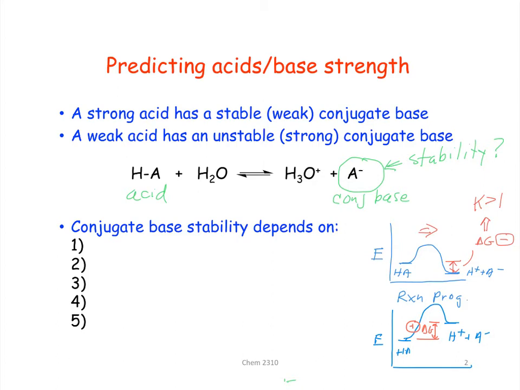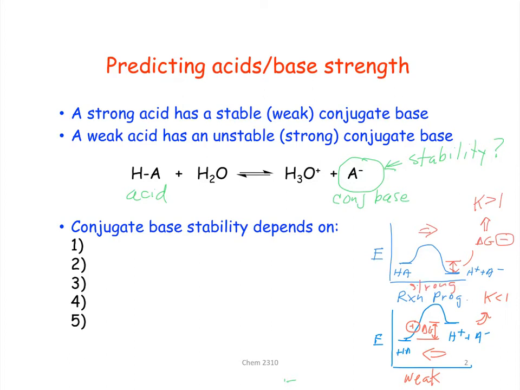And so in this case, the K value would be less than 1, and this means that the equilibrium would lie back towards the reactants. So this would be an example of a weak acid. The equilibrium lies to the acid side, so it's not dissociating very much. So this would be for a weak acid, and this would be for a strong acid.